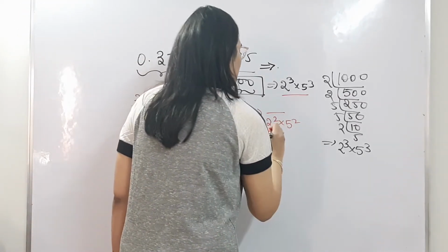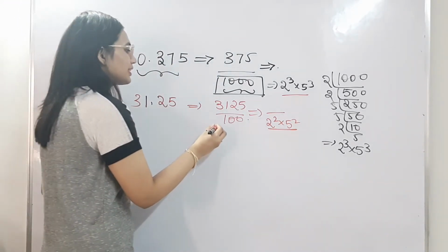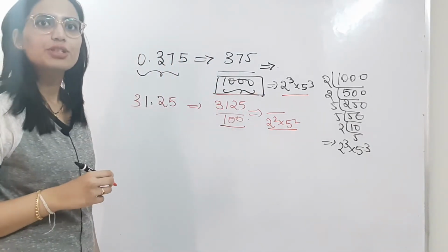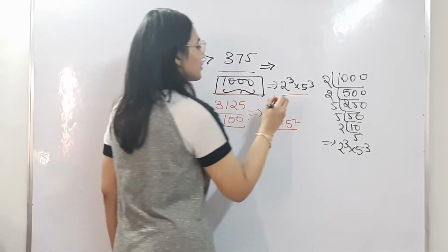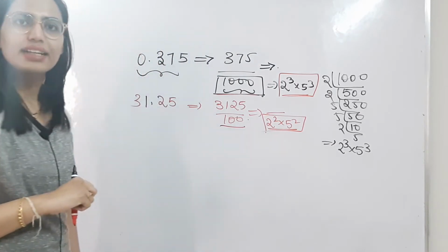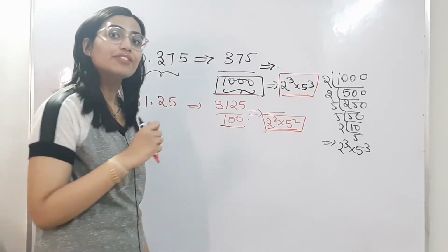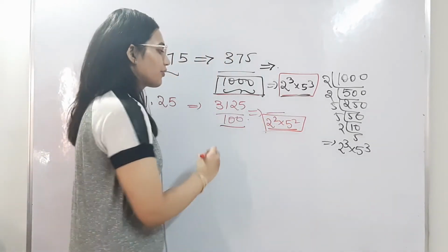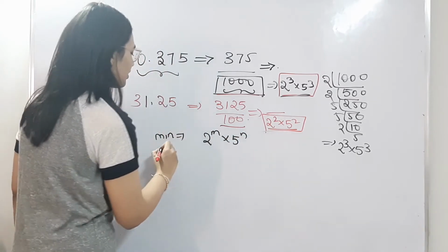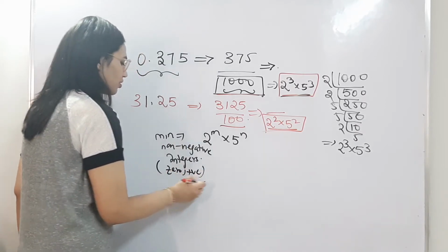What are you seeing in these two numbers here? What is the pattern that you are seeing? You are seeing that the denominator of these two expansions, once you convert them into fractions, is in the form of 2 power of m into 5 power of n. That is, if we prime factorize the denominator, then we will get the form of 2 power of m into 5 power of n, where m and n are non-negative integers, 0 and positive integers.